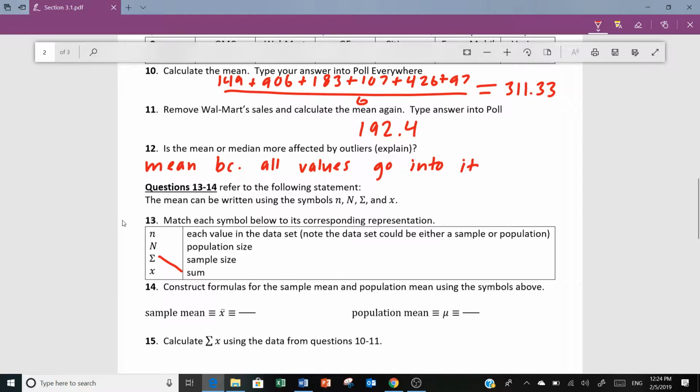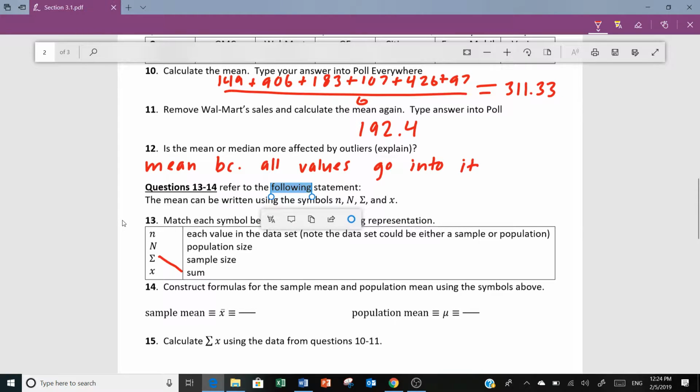The only difference is that population size means your data set is a population, or really, really big, and sample size means your data set is a small sample. Because these are almost the same thing, it's kind of like little n and big N. So here's a guess: is little n the small sample or the big population?